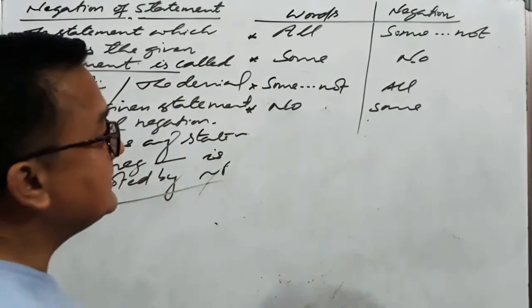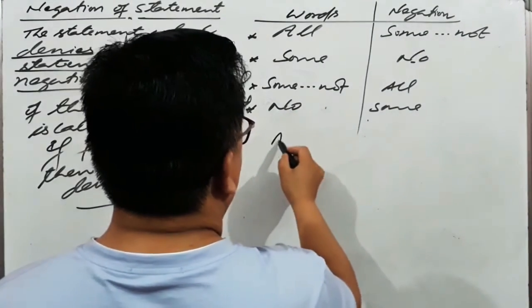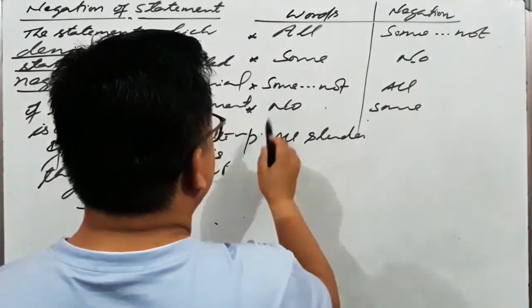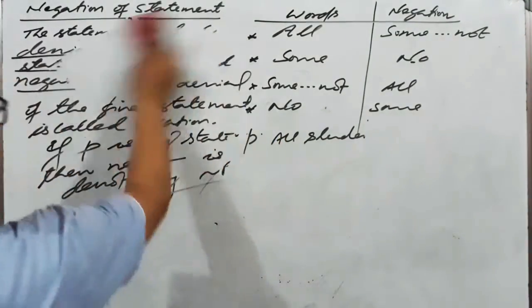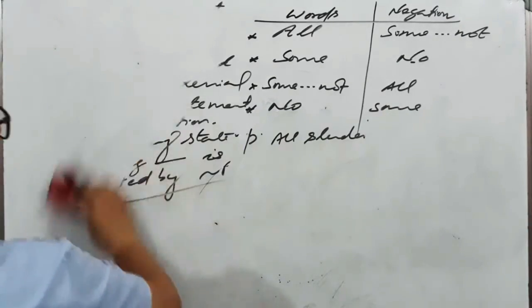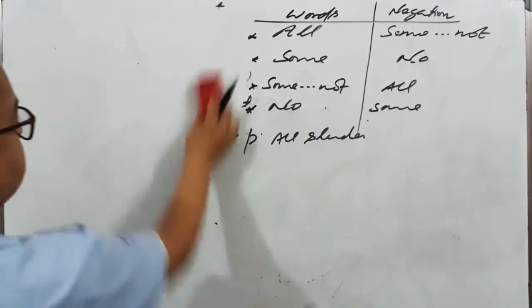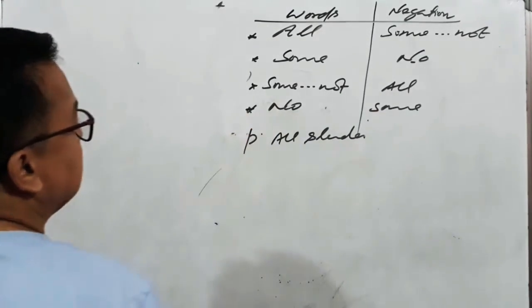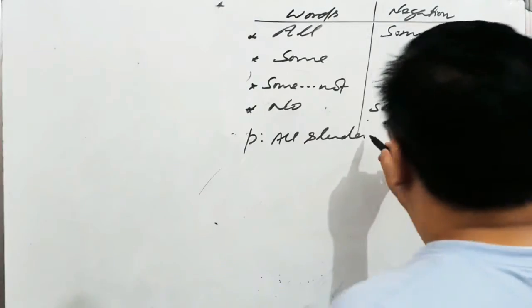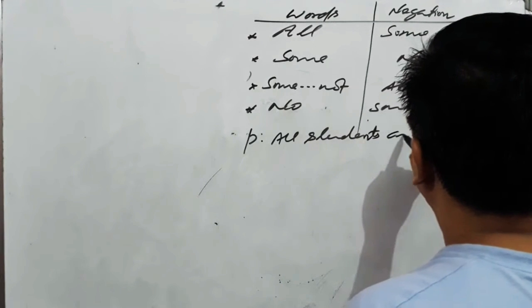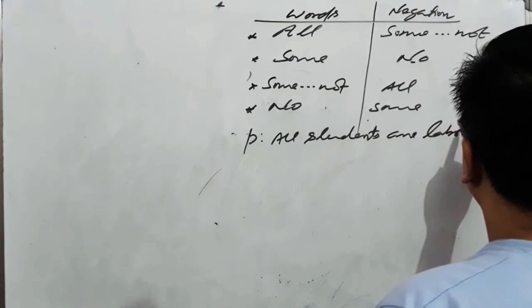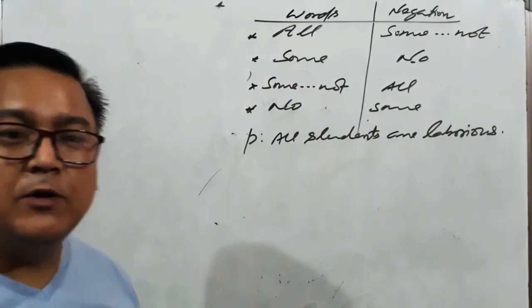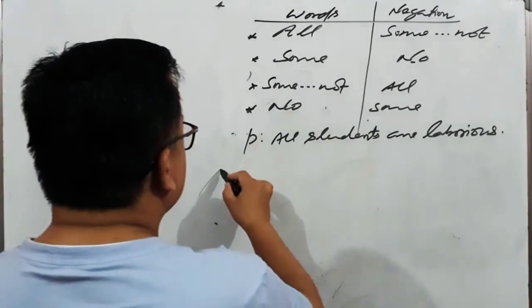Let me take one sentence. Let's suppose this is P, any statement, such that all students are laborious. Now we need to make the negation.